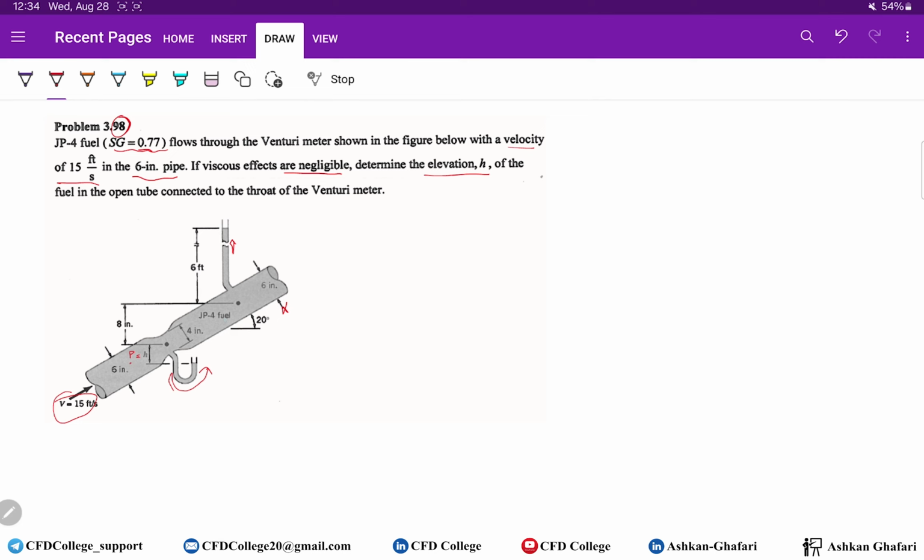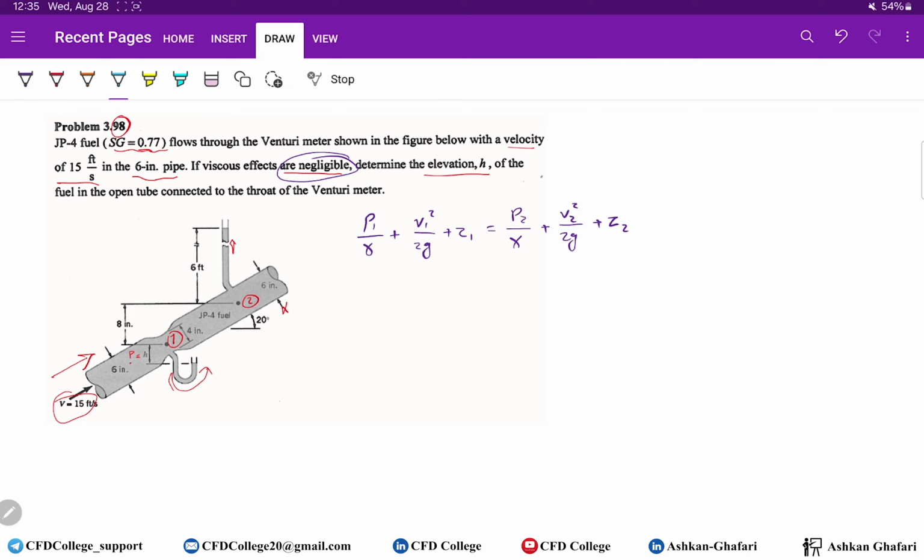So here is the first point and here is the second point, and I mentioned that you should always go with the flow, so follow the flow. Let's write down the Bernoulli equation. P1 over gamma plus V1 square over 2g plus Z1 equals P2 over gamma plus V2 square over 2g plus Z2.